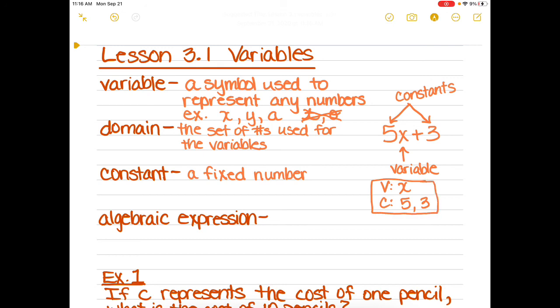Okay, next one is algebraic expression. So an algebraic expression is, okay, it kind of has a long definition. It's the result, I'm going to try to shorten it a little bit, of performing math operations with variables and constants.